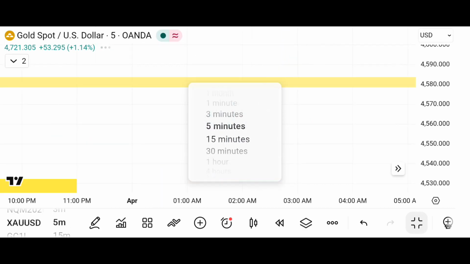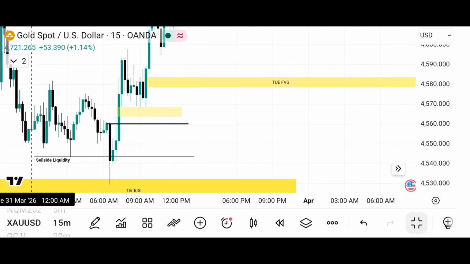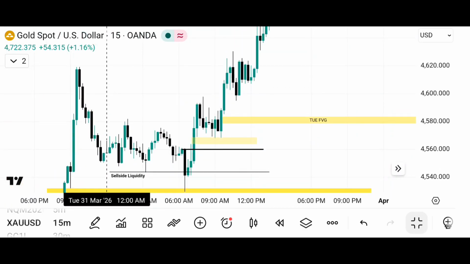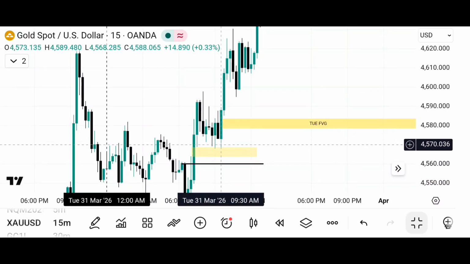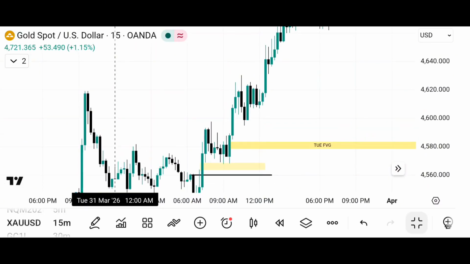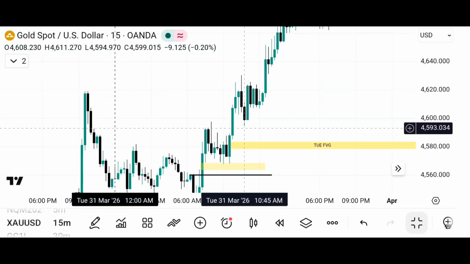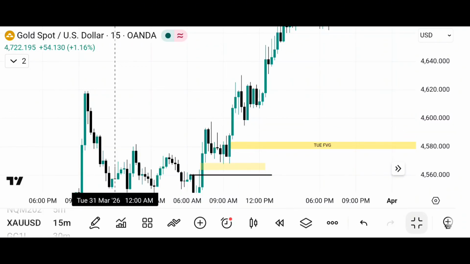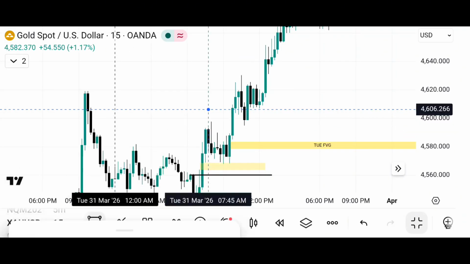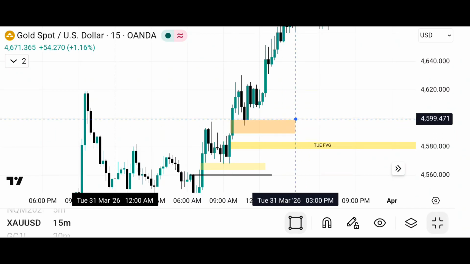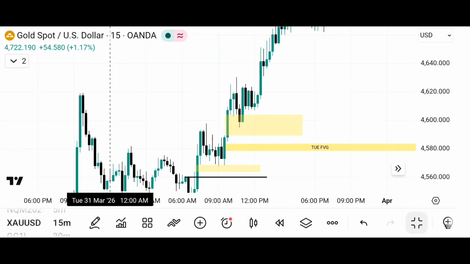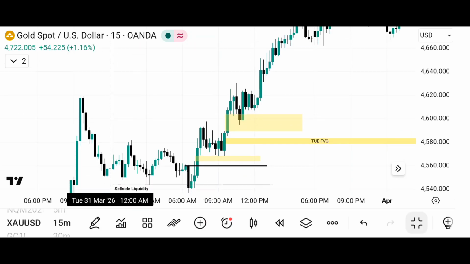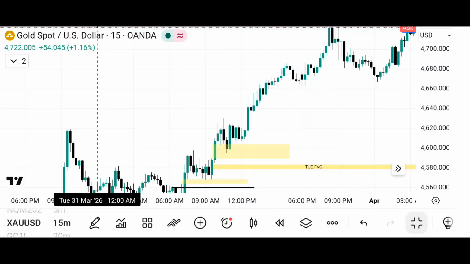Back to the 15-minute time frame, after price trades down into the breaker and this fair value gap, it rallies up, takes out this high right here, and forms another fair value gap. Price trades down into it, and then rallies up.